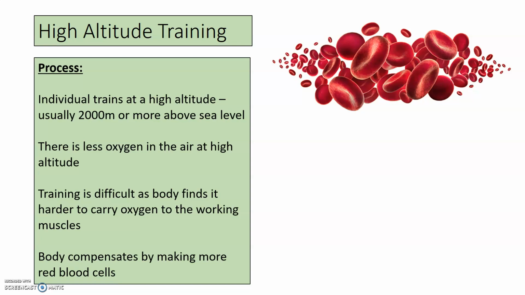So what it does, it decides to create more red blood cells, because ultimately, as there's less oxygen in the air, we need to counterbalance that. We need to get the oxygen to the working muscles when we're training. So the body is clever enough to change, to create and make more red blood cells.